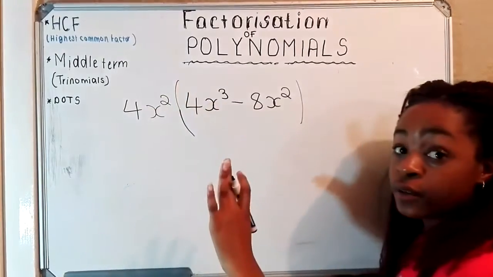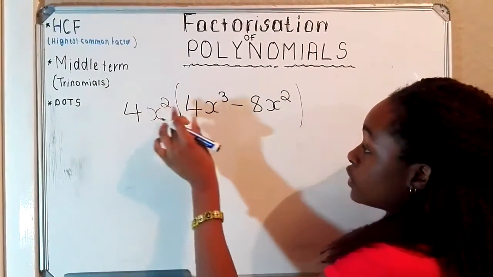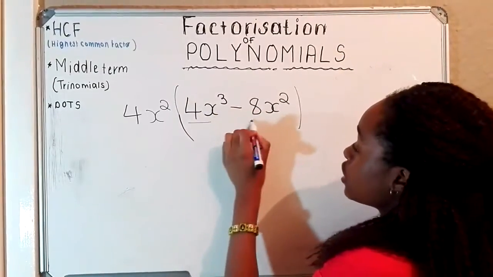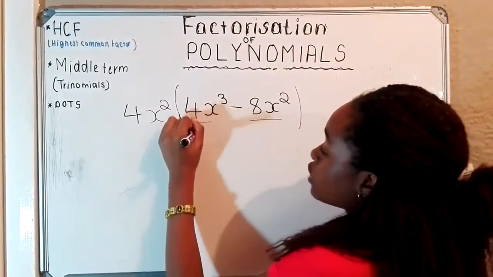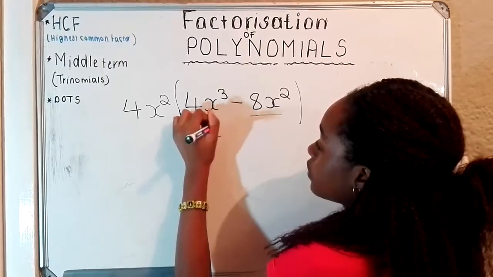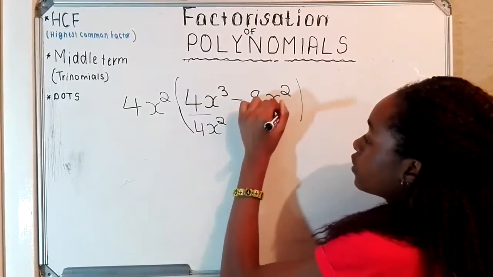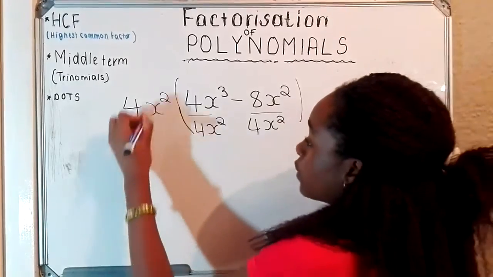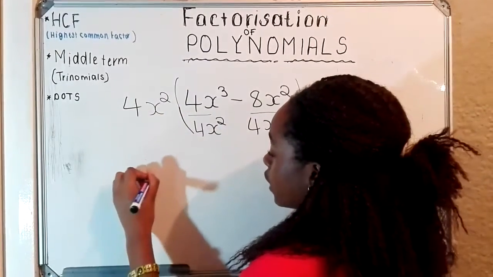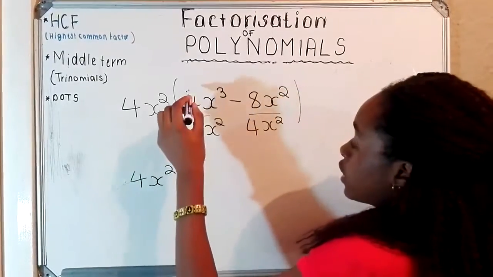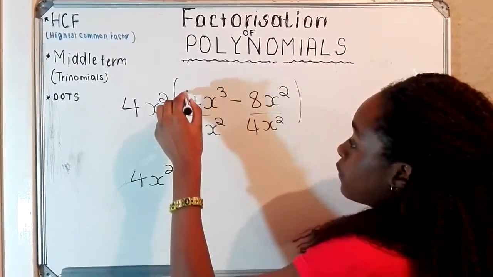But we're not done. We need to divide the terms by the factor. So we'll divide each term by the factor, which is 4x squared. Okay? And we'll do on this side as well, 4x squared. Alright? So we can bring down 4x squared over here, and we can start here. So 4 and 4 divided by 4, they'll cancel.